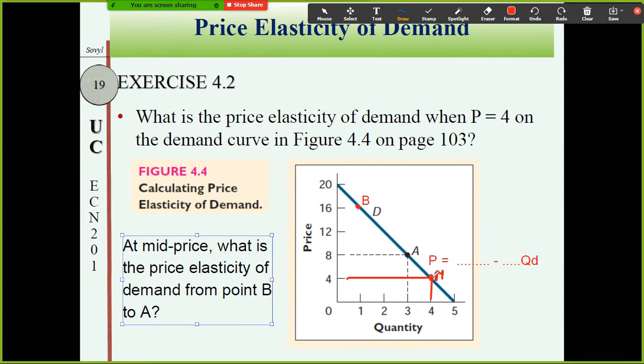So I want to find change P here and change Q here.